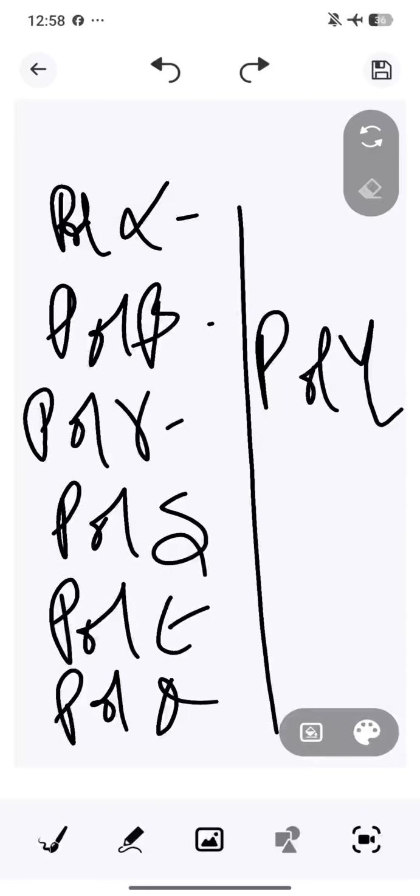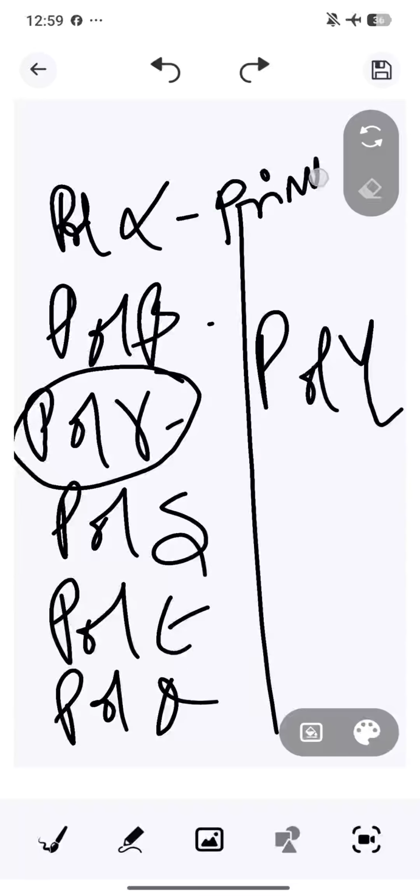What is gamma? DNA replication in mitochondria, only for mitochondria. This is a semi-autonomous organelle.